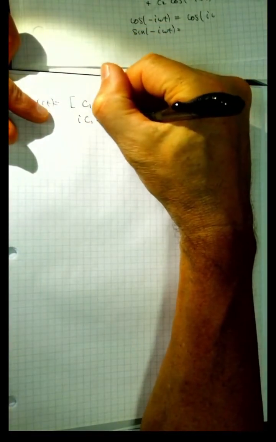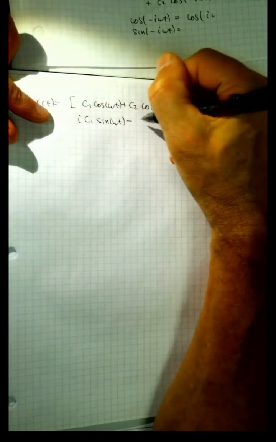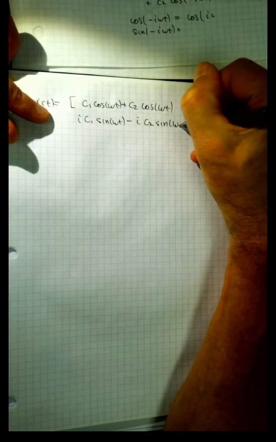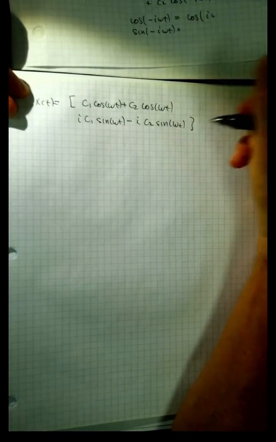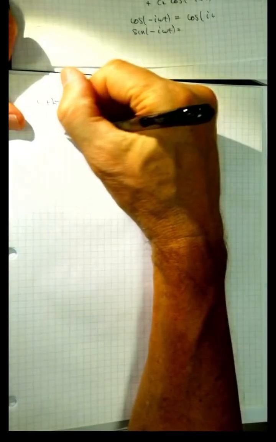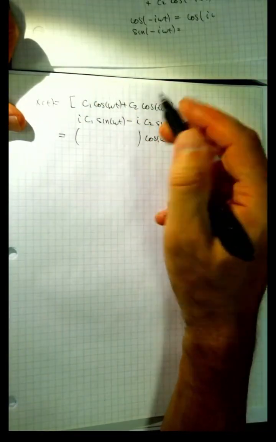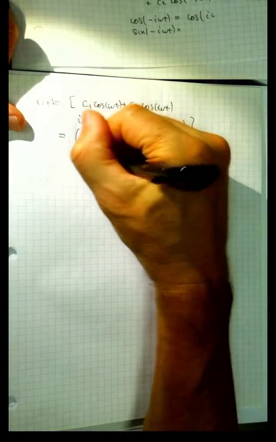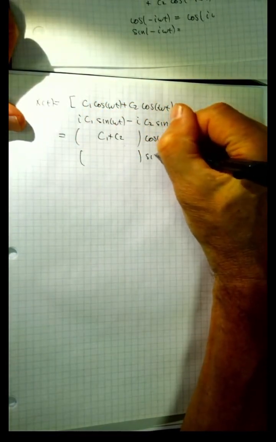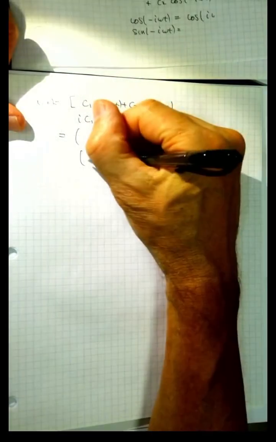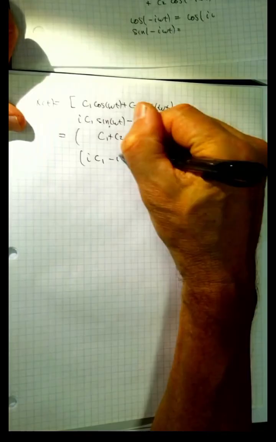The two sine terms look like minus i c1 sine of omega t minus i c2 sine of omega t. And now for the cosine terms, if I can factor out that cosine, I'm going to get a c1 plus c2. For the sine terms, I've got a sine there and a sine there, so I can factor that out. I'm going to get a minus i c1 minus i c2.